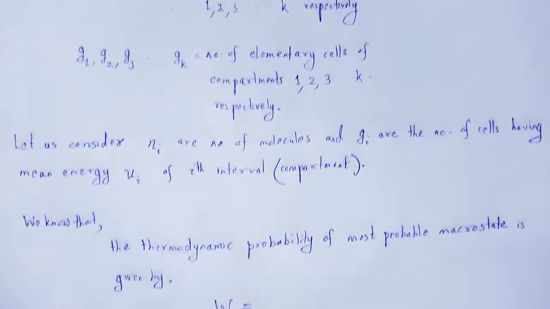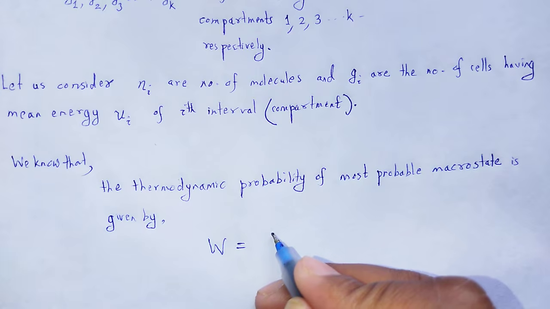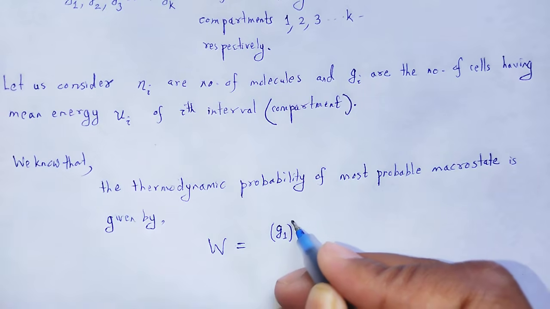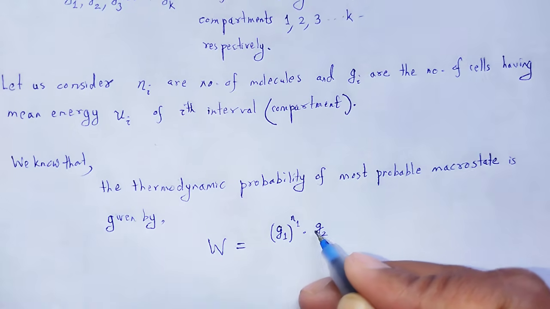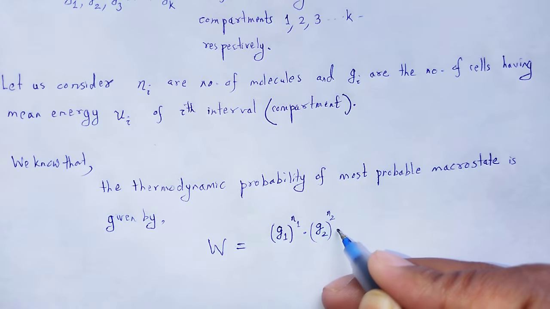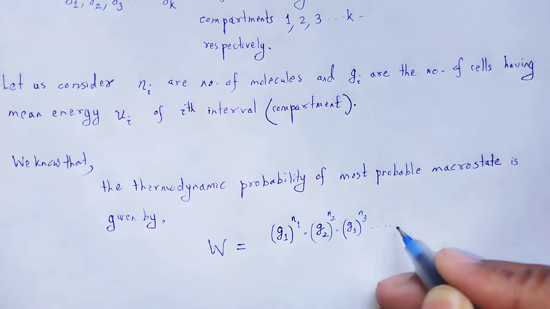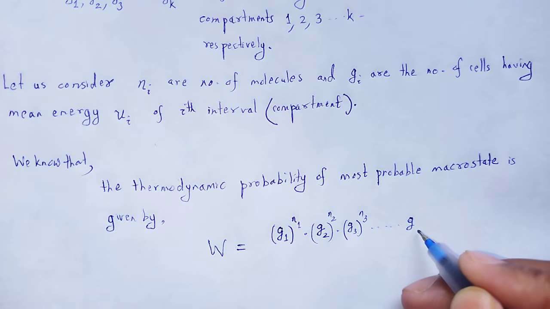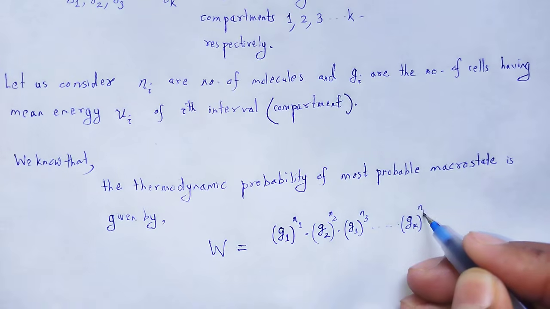So the arrangements are like G1 to the power N1, similarly in the second G2 to the power N2, third G3 to the power N3, up to Gk to the power Nk.